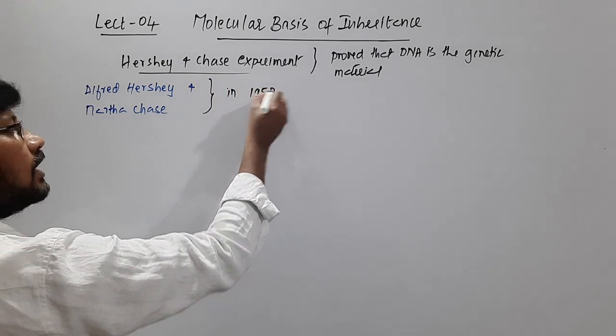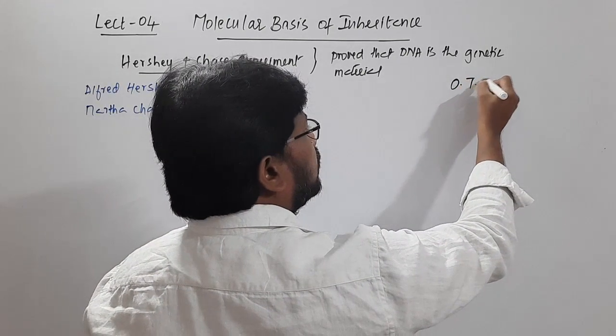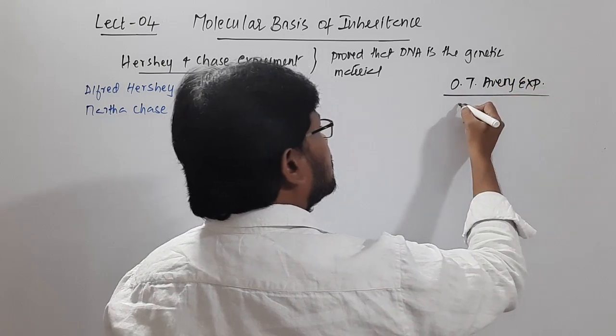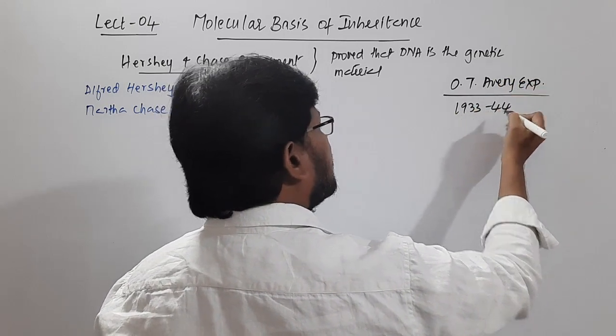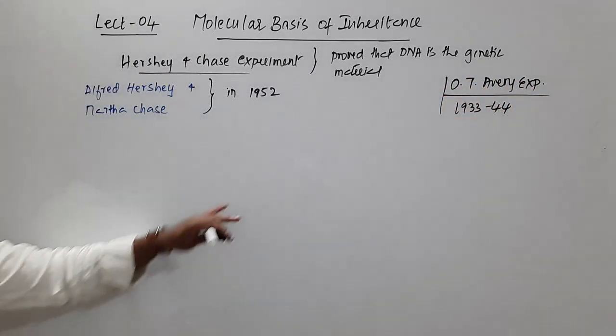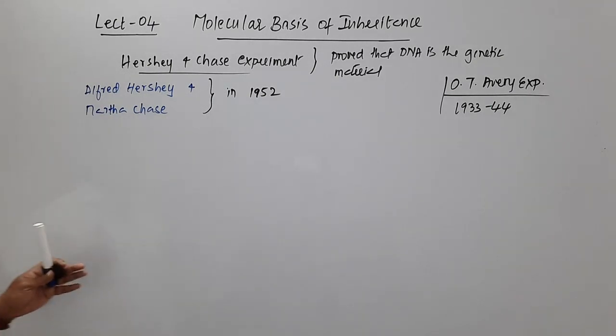Whereas O.T. Avery's experiment was from 1933 to 1944. After them, Hershey and Chase performed this experiment in 1952 and proved that DNA is the genetic material.